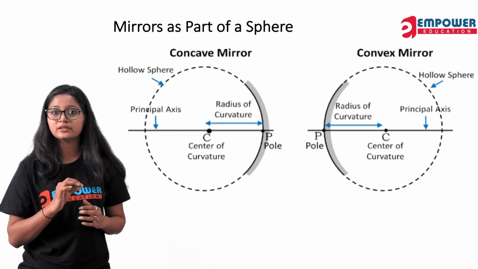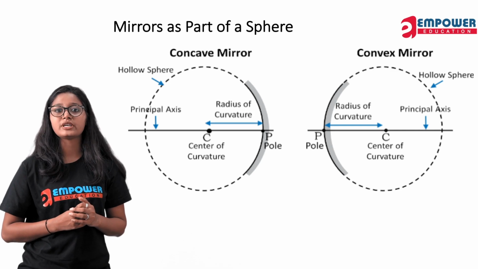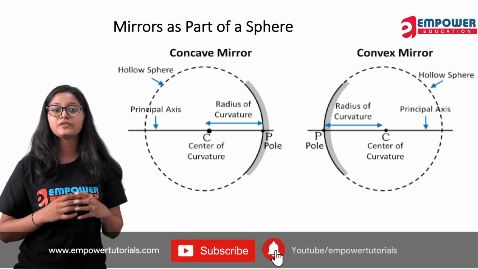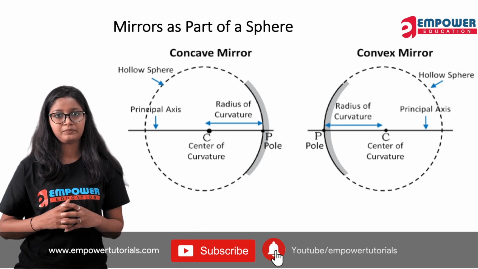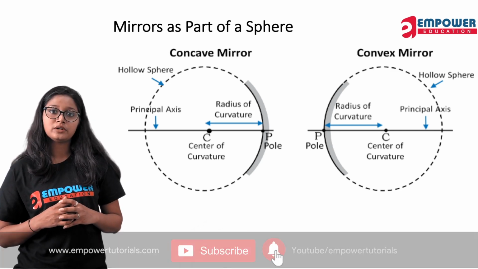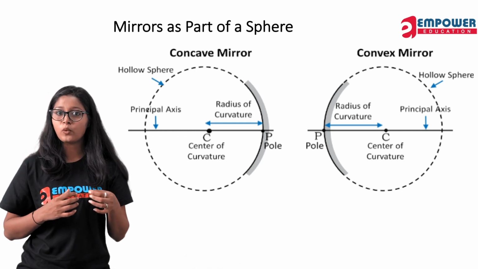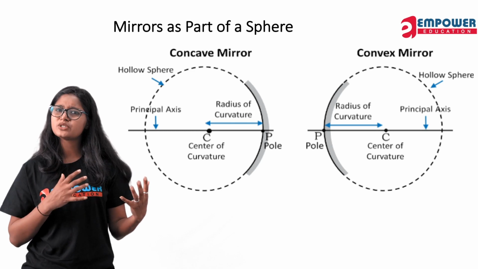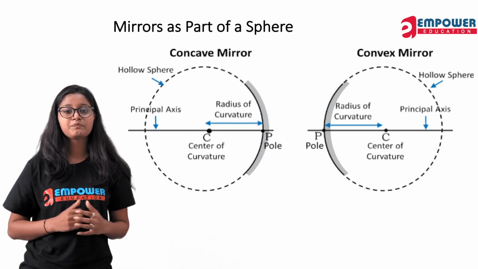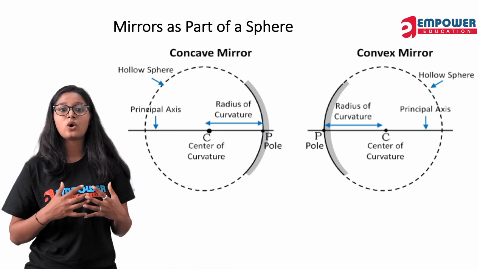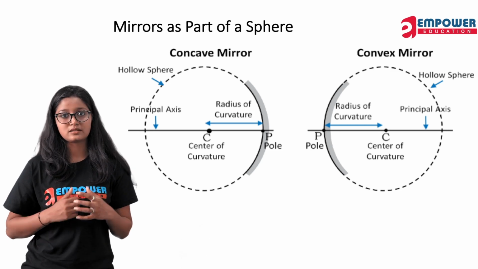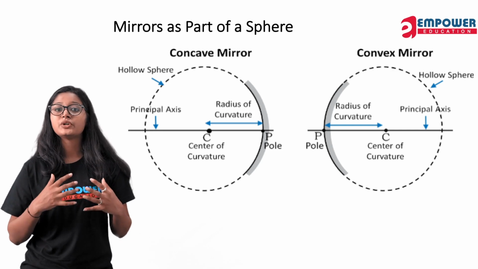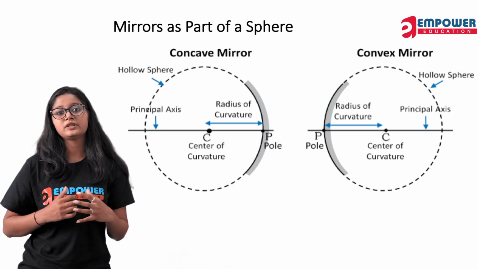This center of the reflecting surface of the mirror is called the pole, which is denoted by P. And if you draw a line from the pole passing through the center of curvature, you can assume it is an imaginary line. That line is called the principal axis. So these are some important terms which are related to the spherical mirrors.